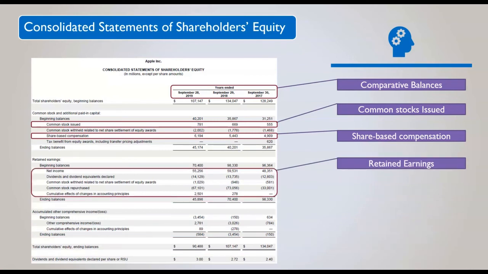In this section, we can see the components of retained earnings. This is calculated as the cumulative net income of Apple since it began its operations, less dividends and distributions paid out to its shareholders. In addition, it backs out the common stock buybacks or repurchases from the market.